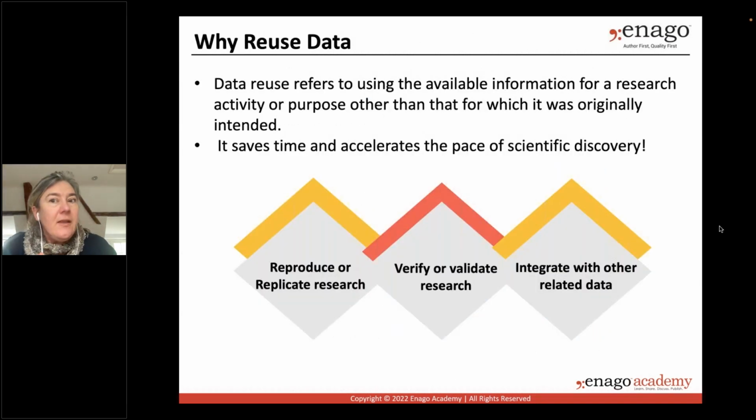So just thinking a little bit about why it might be useful to reuse data as opposed to generate fresh data. I think the headline is it potentially saves time and accelerates the pace of scientific discovery.